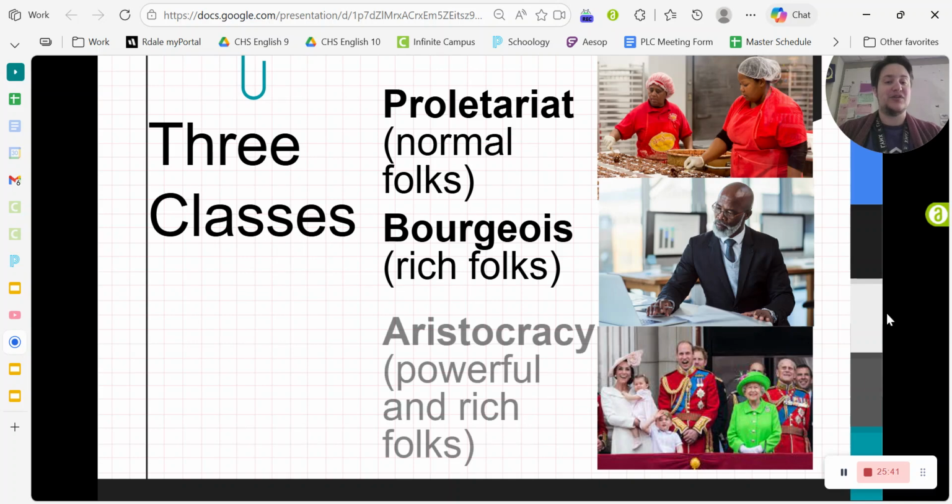At the very top, we have the aristocracy. And these are people who are not only rich, they are powerful. You might recognize that cracy suffix from words like democracy, a type of government. Aristocracy shares that same suffix because it is referring to a form of power.